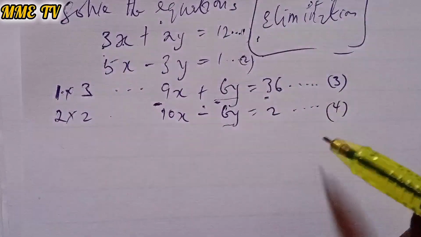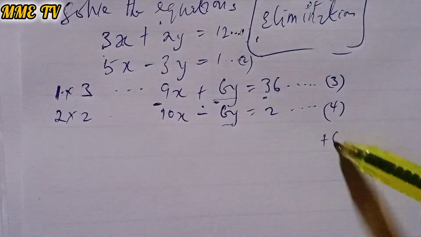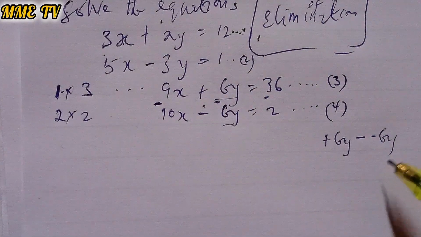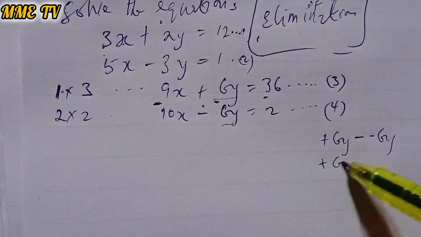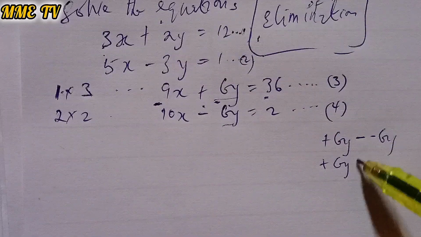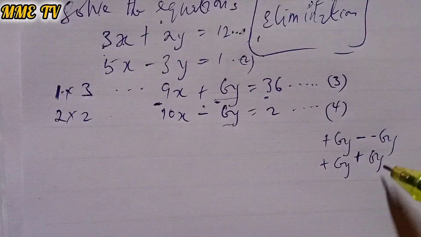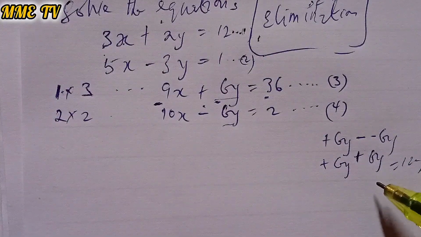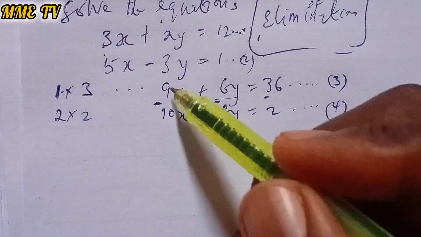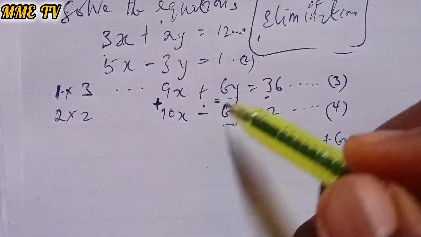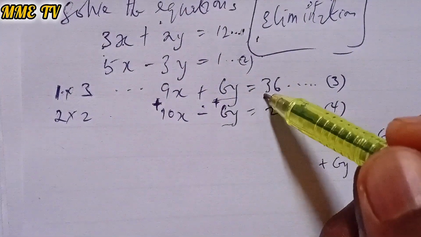The effect of it is going to be that we'll be having plus 6y minus minus 6y, which will end up giving us plus 6y. When minus multiplies minus, we'll be having plus 6y. So we'll be having 12y, meaning that there will be nothing to cancel. But if I should introduce on both sides a positive sign, plus here, and plus here.